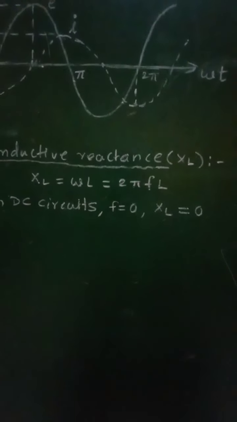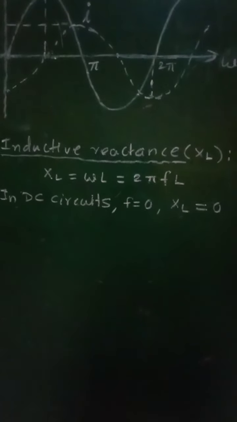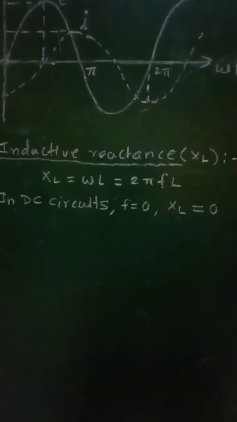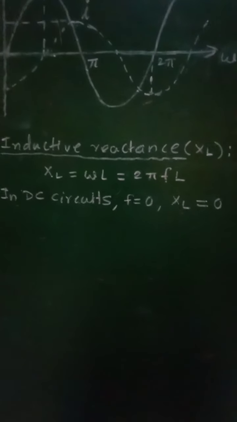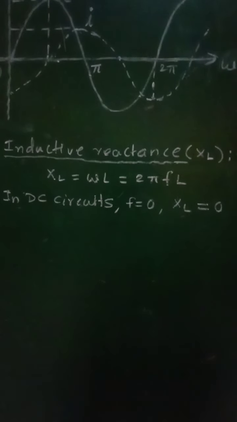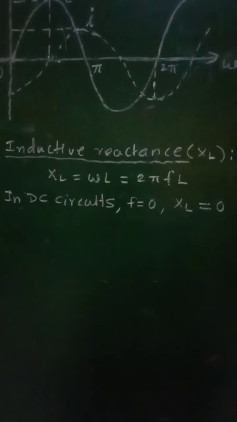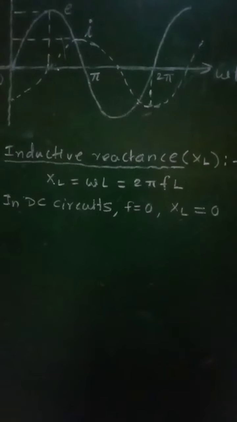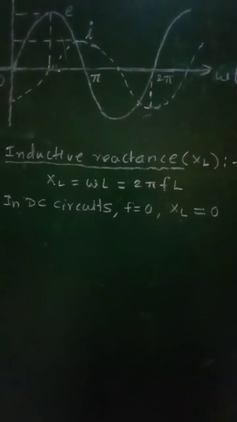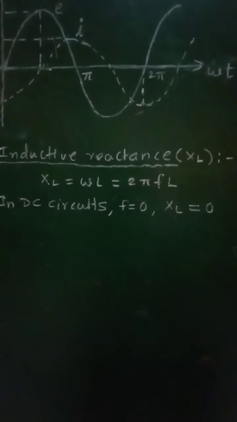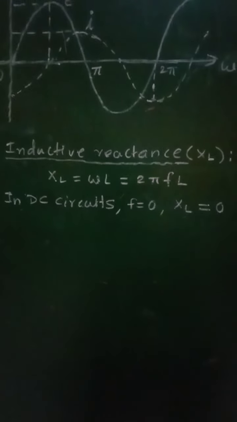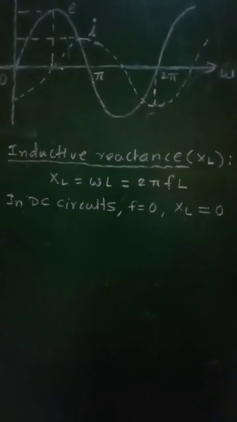That is, it will not oppose or reduce DC, and hence inductors allow DC to pass and will block AC of very high frequencies. If the frequency F is very high, then the inductive reactance of the inductor L will block AC.